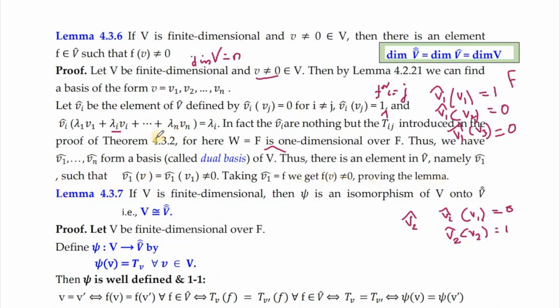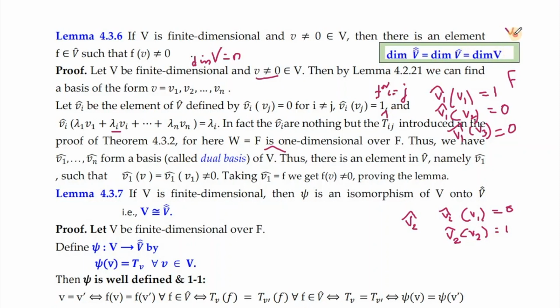So the thing is, dual basis is used here to establish the lemma. What is dual basis? The dual space has a basis. Whenever dimension of V is n, we know very well that dimension of V cap is also n, dimension of V double cap is also n.